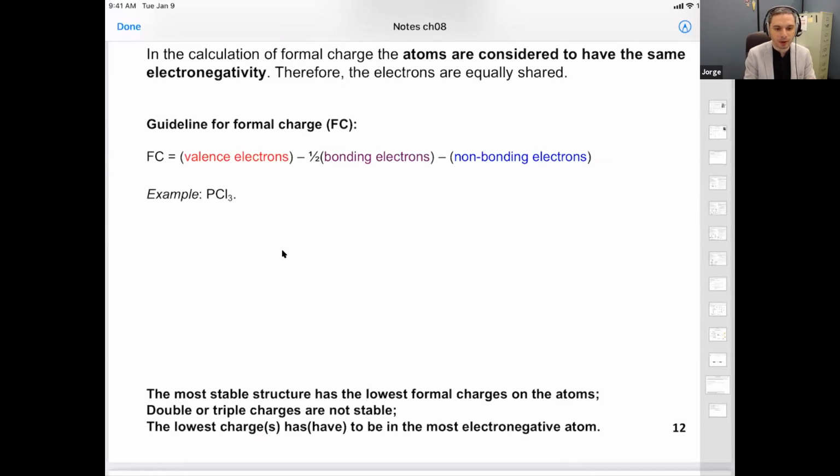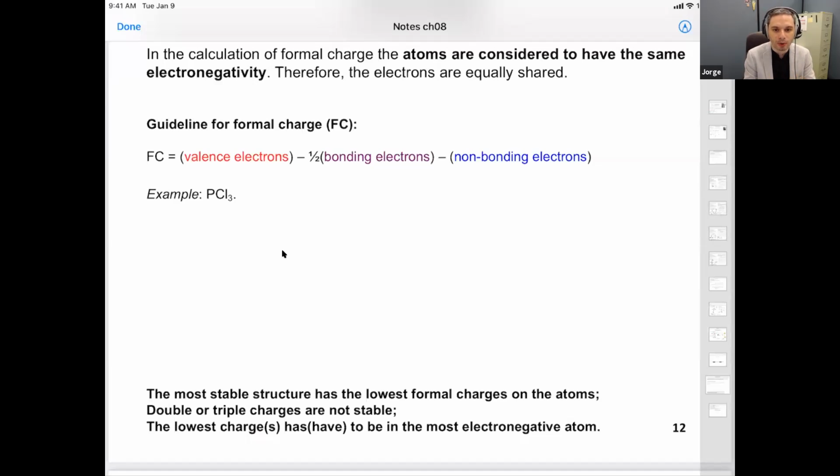Second point here, double or triple charges are not stable. Third, if there are negative charges, the lowest charge has to be in the most electronegative atom.